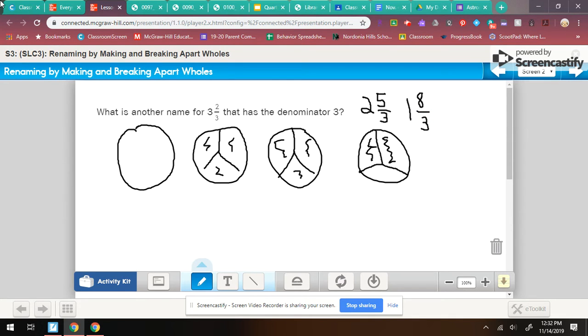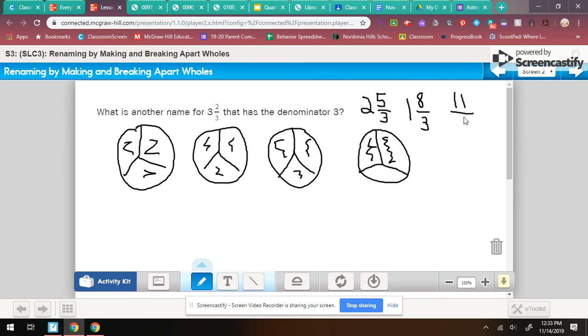Can we come up with the other name? Now this is a name that most of you would probably come up with right away using our trick that we learned a couple days ago. Let's break this last whole into thirds. So now I have 3, 6, 9, 10, 11 thirds.